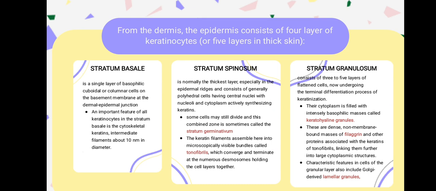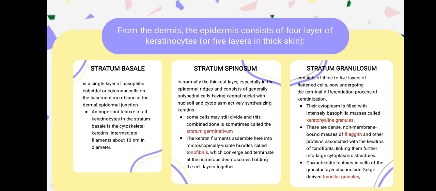From the dermis, the epidermis consists of 4 layers of keratinocytes, or 5 layers in thick skin. First, we have the stratum basale, or the basal layer. They are a single layer of basophilic cuboidal or columnar cells on the basement membrane at the dermal epidermal junction.